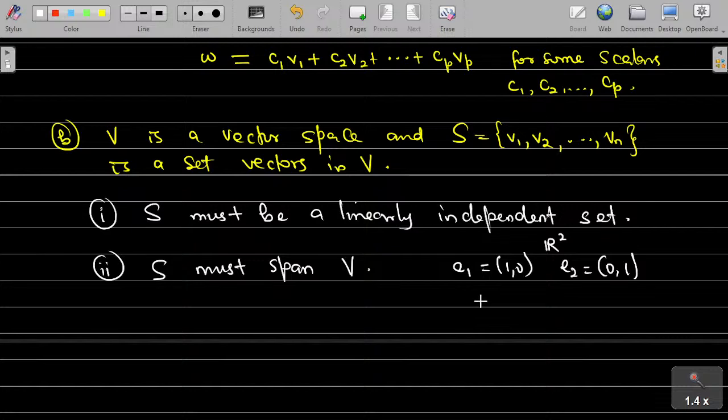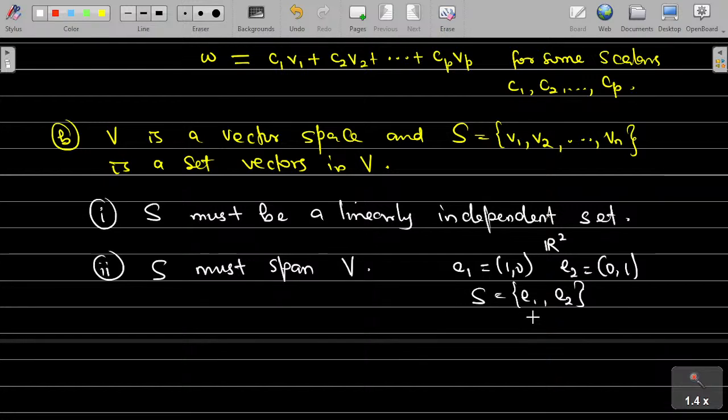Now if you put them in a set S equal to {E1, E2}, they have the capacity to be a basis for R2, because they can generate the whole of R2 by some linear combination of E1 and E2. So that's what we mean by basis.